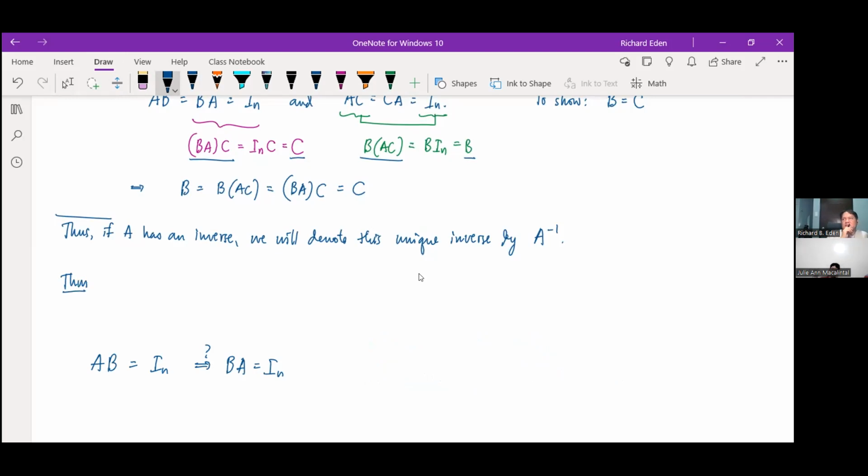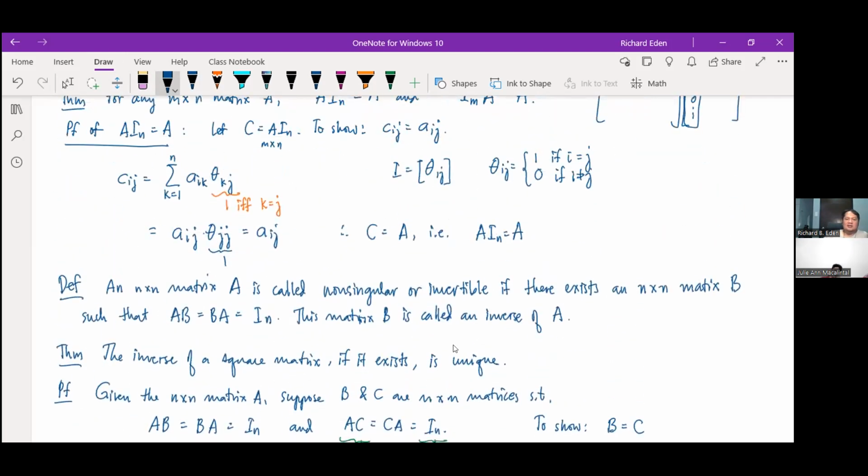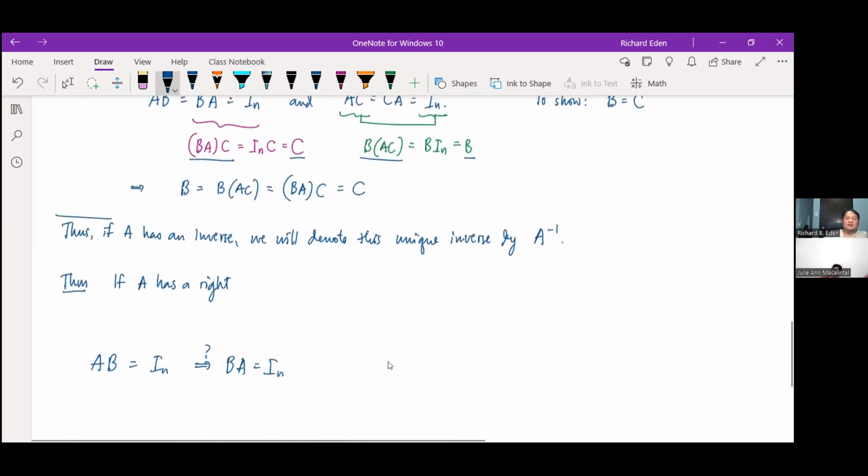This goes beyond the discussion of the inverse.